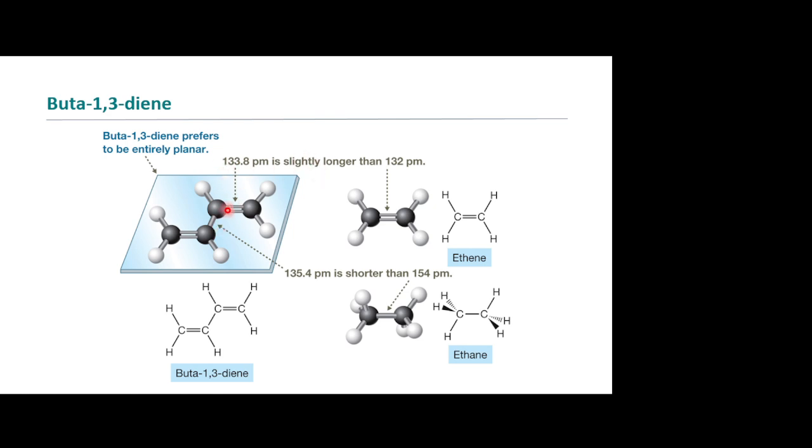The double bond here ends up a little bit longer at 133.8 picometers. Because remember, it's no longer only sharing that electron density between those, right? Now you do see it's not an average of the two, and so they're not really 1.5 bonds. Something we say to make it easy to remember.